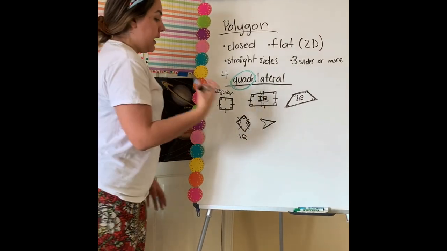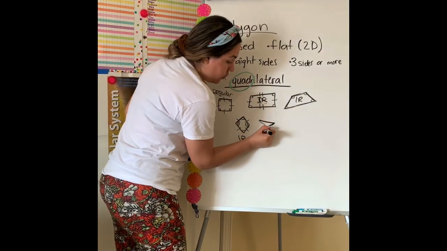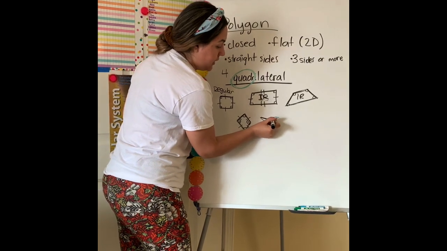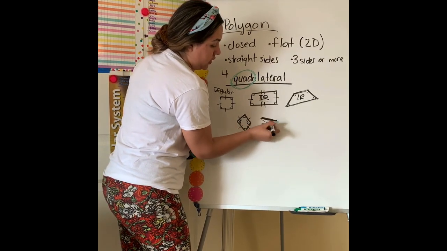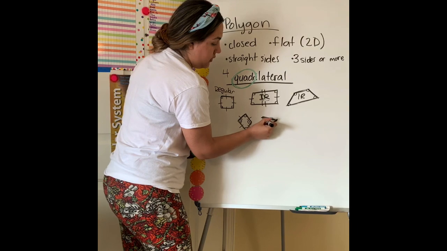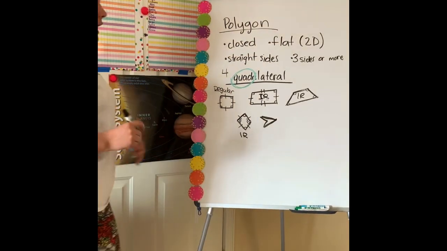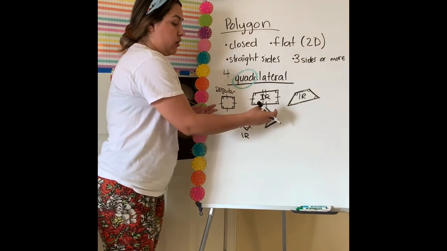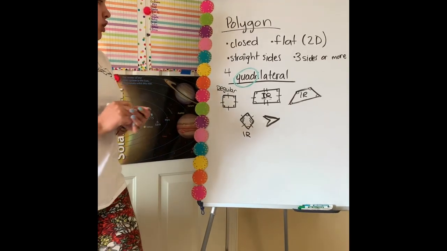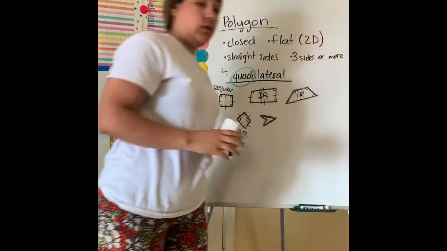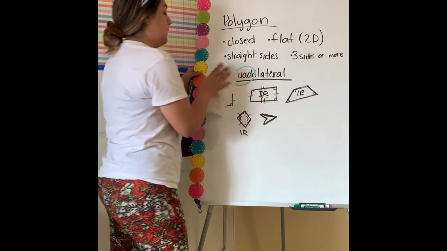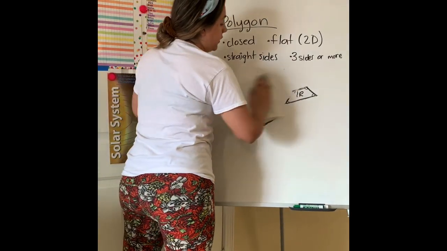Okay? And last, this is a quadrilateral because it has the 4 sides. 1, 2, 3, 4. So that's your quadrilateral, and it has no square corners. Okay? So that is it for the quadrilaterals. That was the 4-sided. Now, from 4 is 5.